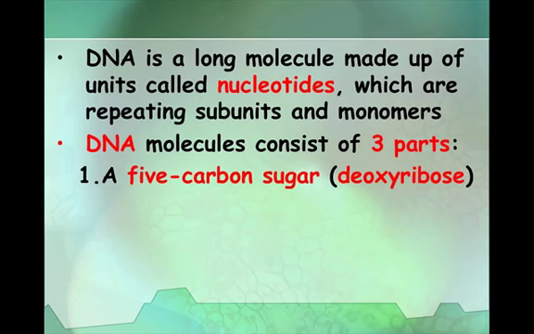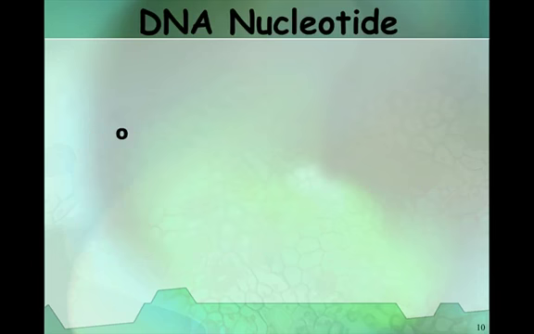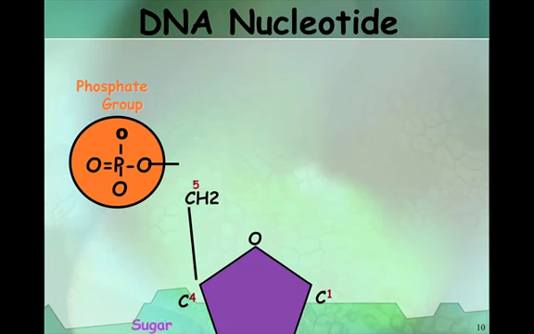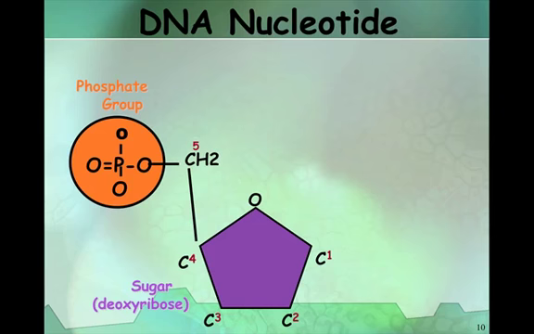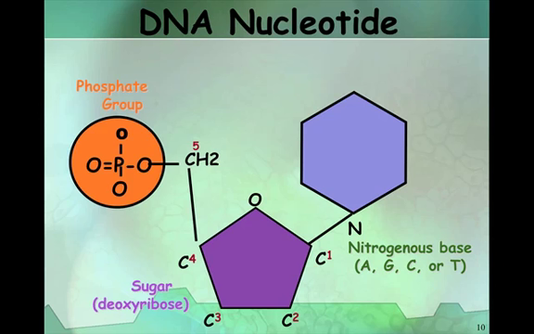They are a 5-carbon sugar, and in DNA's case, it's deoxyribose, a phosphate group, and a nitrogen base. So if you recall from Chapter 2, the structure of a nucleotide has the phosphate group, the 5-carbon sugar, and then the nitrogenous base.